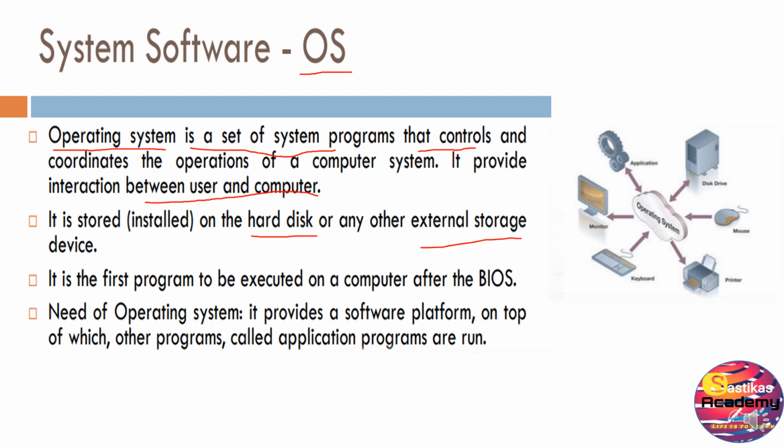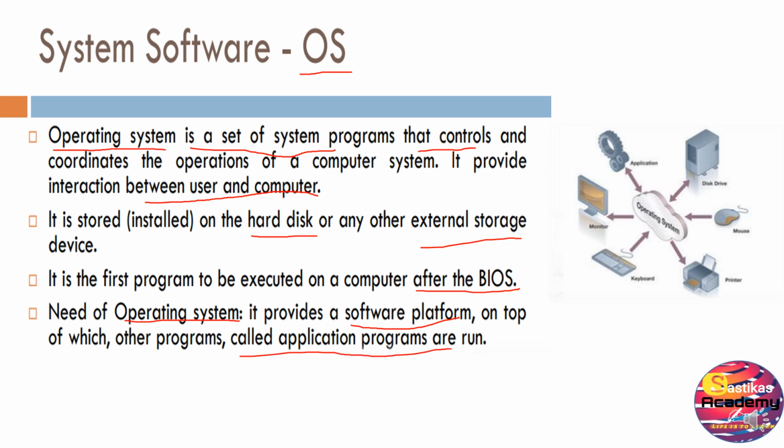It is the first program to be executed on a computer after BIOS. So when the BIOS settings are started, the OS software is the first program the computer has to execute. Why the operating system is needed means it provides a software platform on top of which other programs called application programs are run.